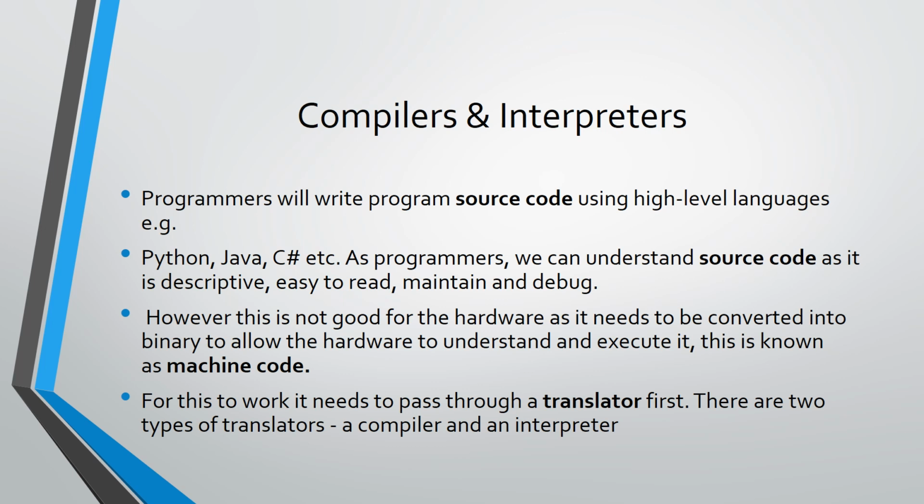However, it's not good for the hardware as it needs to be converted into binary to allow the hardware to understand and execute it. This is known as machine code. For this to work, it needs to pass through a translator first. There are two types of translator, compiler and interpreter.